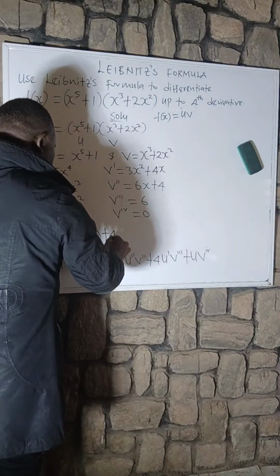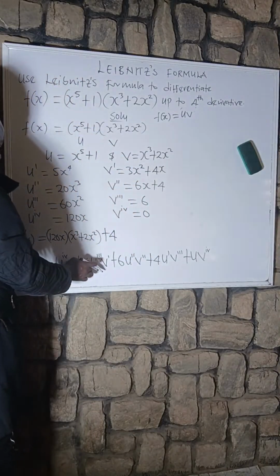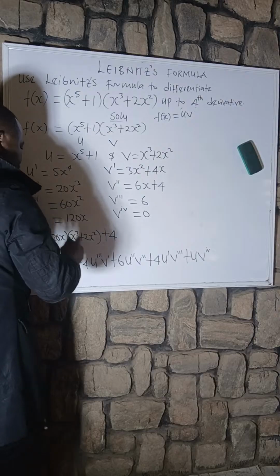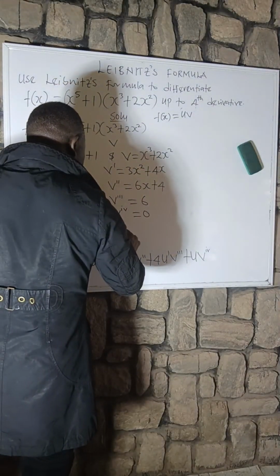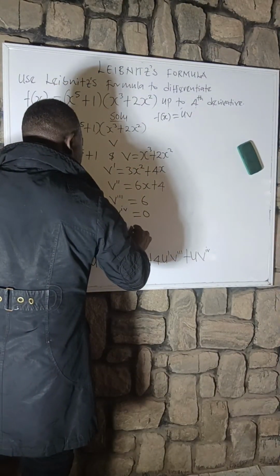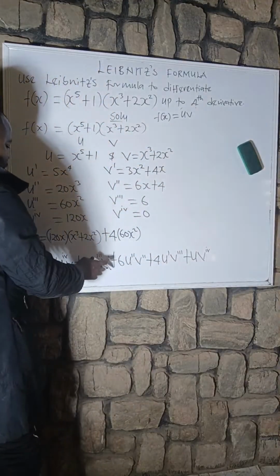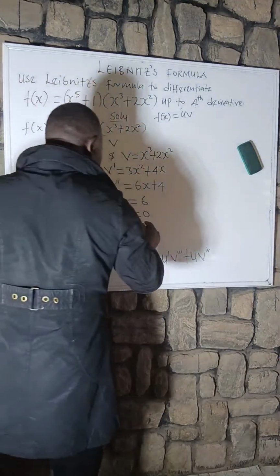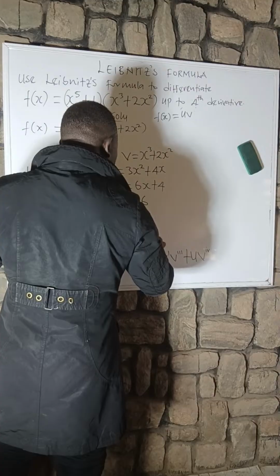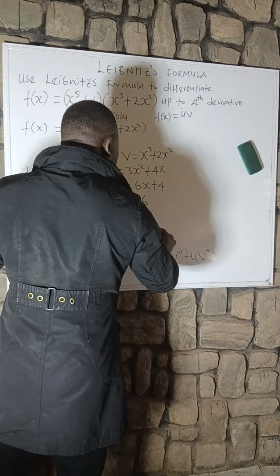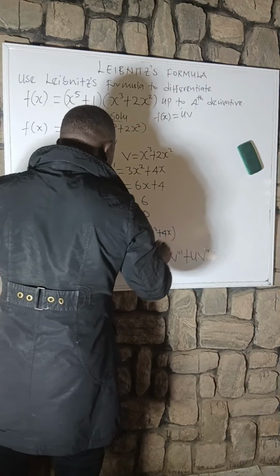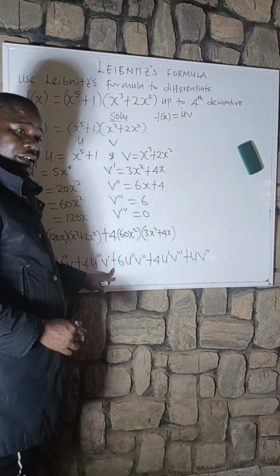Plus 4, that is our u''' is 60x squared, times v' which is 3x squared plus 4x. Now what do you have here?